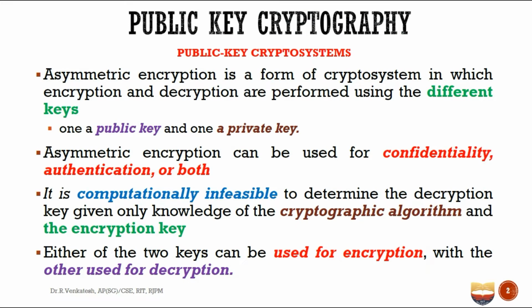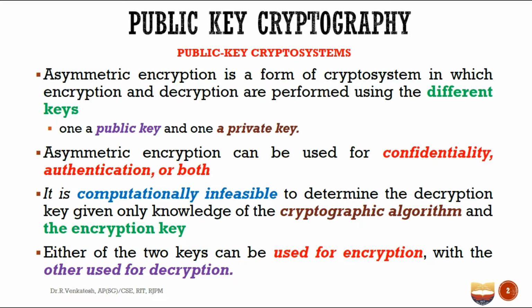The concept of public key cryptography evolved from an attempt to attack two of the most difficult problems associated with symmetric encryption. The first problem is key distribution and the second problem is the digital signature.